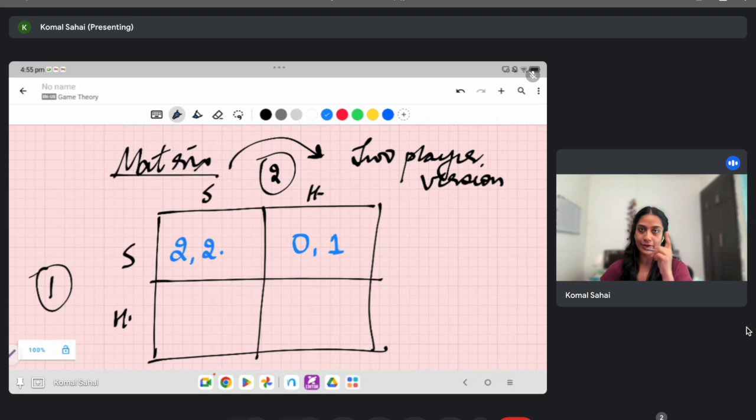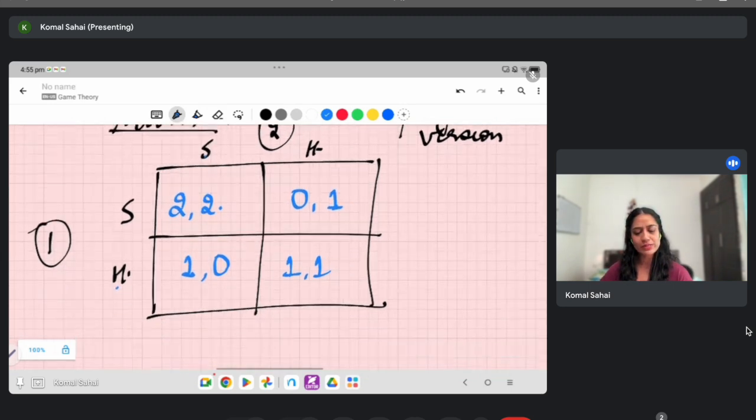The other player who went for hare of course gets the rabbit, and that's one for her. Not as good as getting the stag, but something is something, okay? For the opposite it will be reversed. Now this is the case when player 1 is the one giving dhoka, where player 2 is the one who is going with stag, right? So in this case player 2 is the loser, whereas player 1 gets the hare. And finally, when both are looking out only for themselves, right, this cell, then you get a 1 and 1, okay?